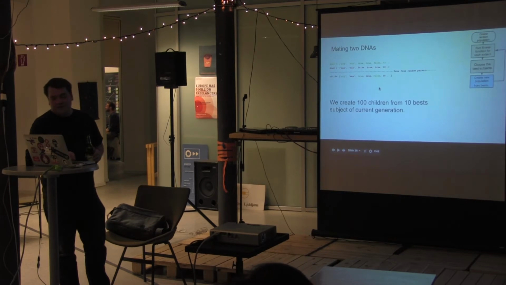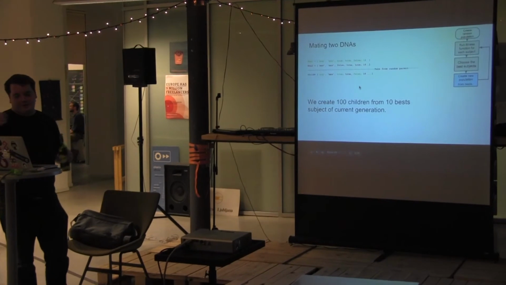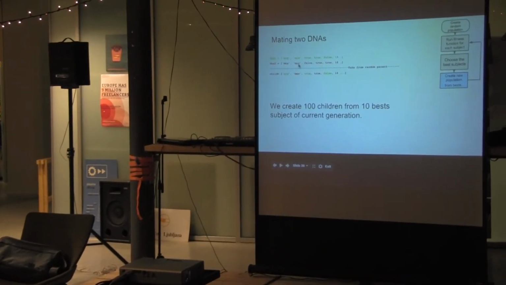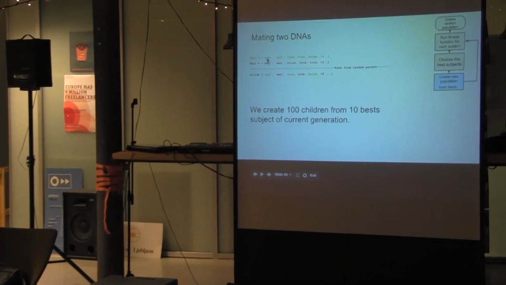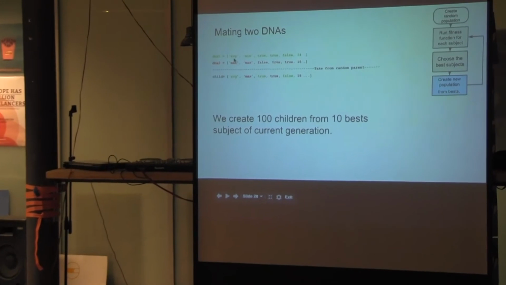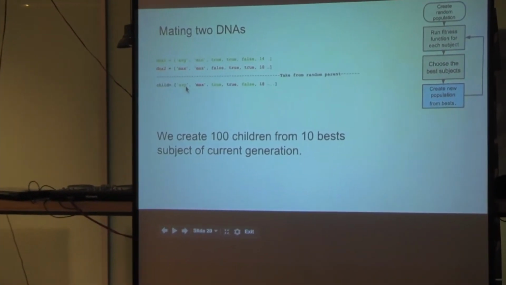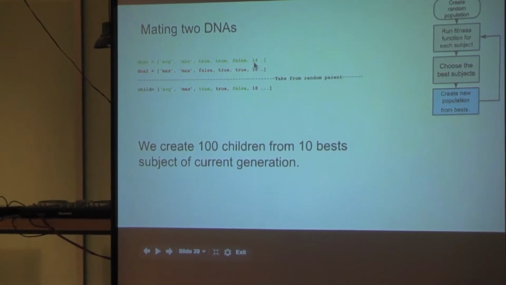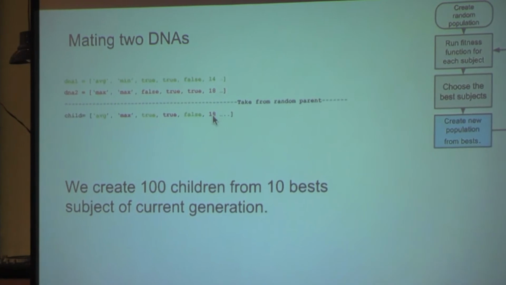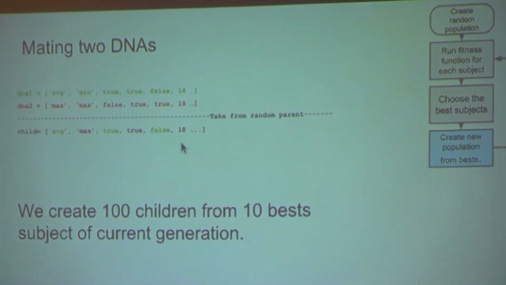I just randomly chose 2 subjects from the 10 and randomly used the attribute from each of them. If subject 1 had average and subject 2 had max, I chose average, for example. If subject 1 had 14 and subject 2 had 18, I chose 18 at random, of course.